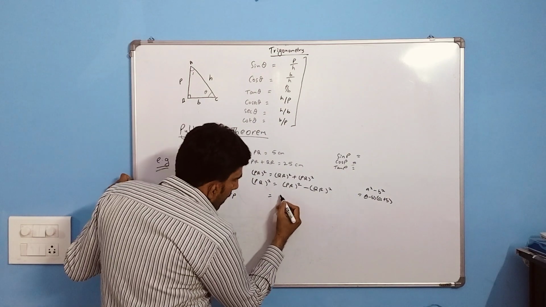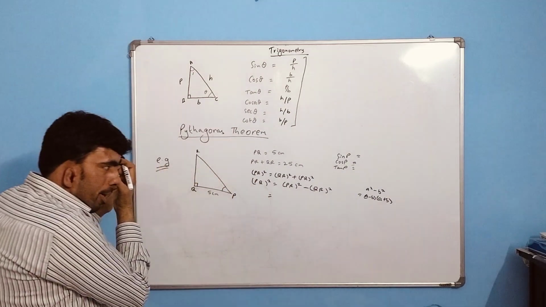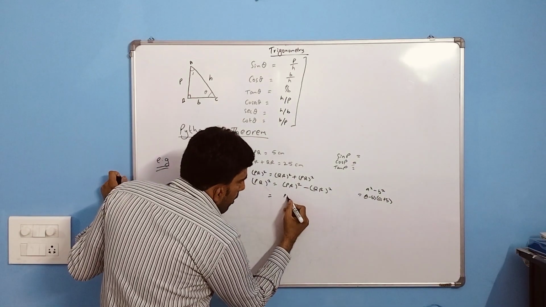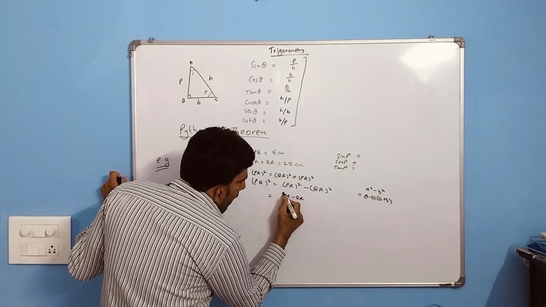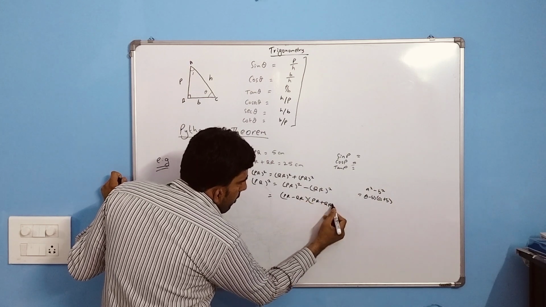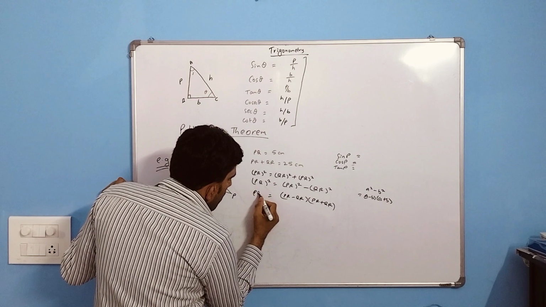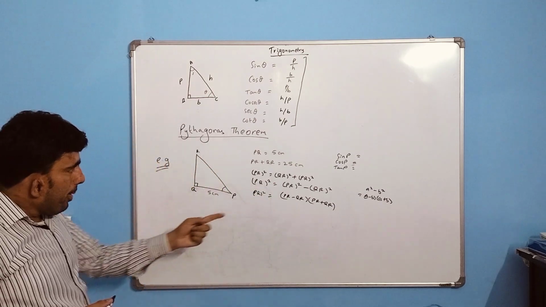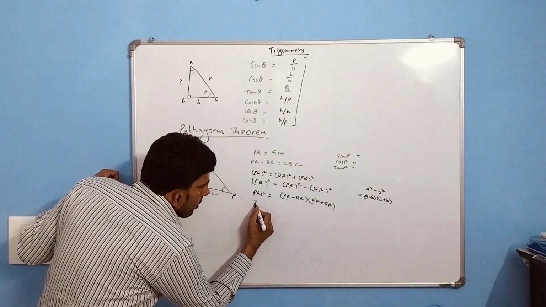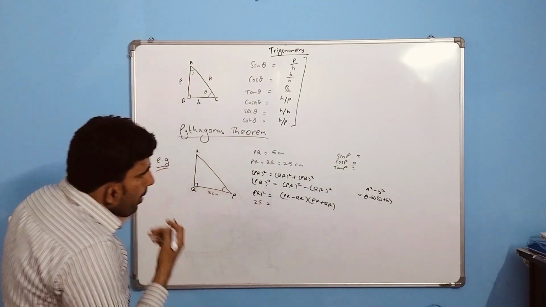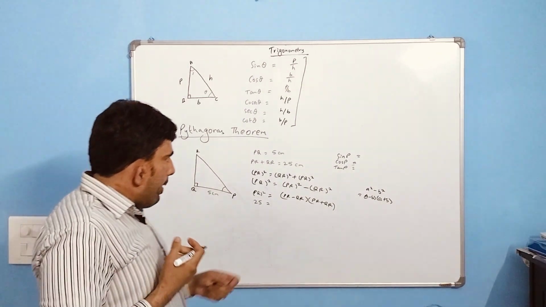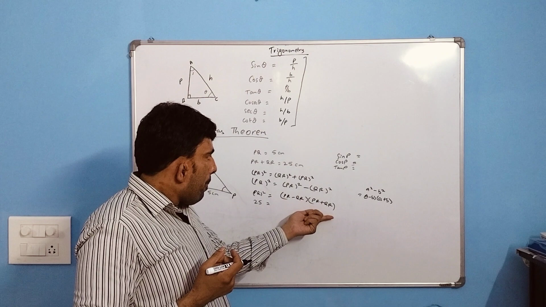So PR squared minus QR squared is PR minus QR into PR plus QR, and that is PQ squared. PQ is 5, so 5 squared is 25, equal to PR minus QR into PR plus QR.